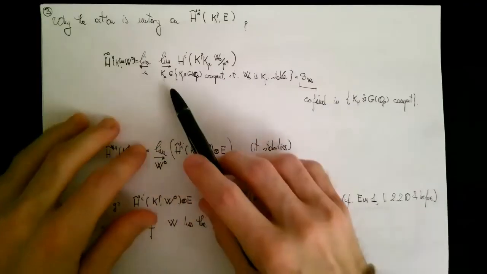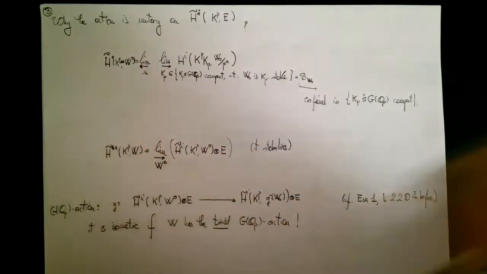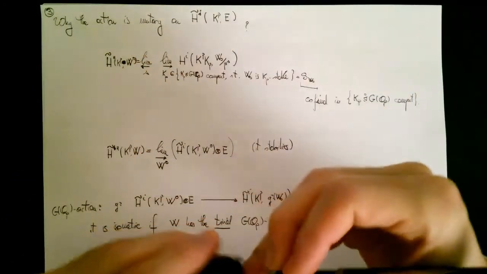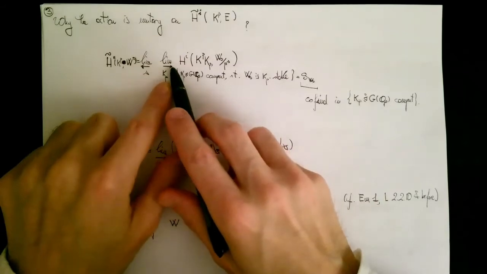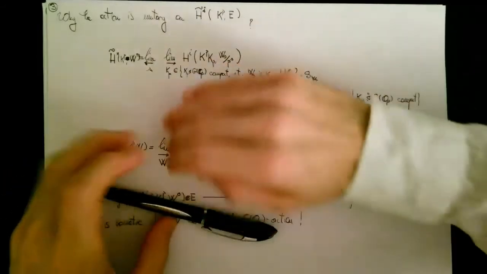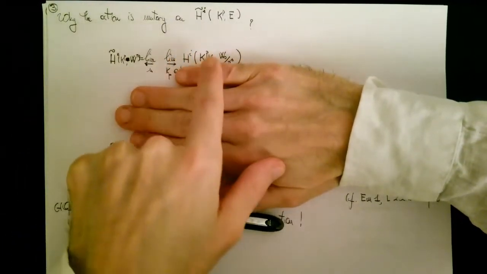So what is the point? The point is that I remember that I was defining the completed cohomology. It was the limit over S, and then the inverse limit of this guy.